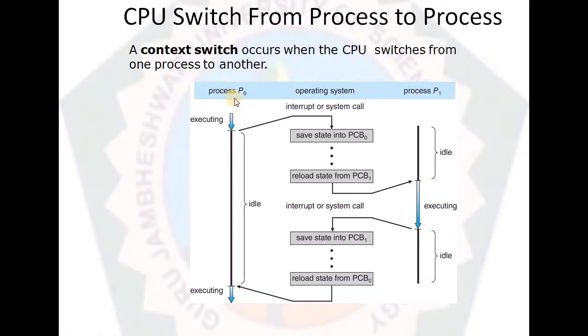For example, suppose P0 is executing at time T0. At time T0, some interrupt occurs in the system or a system call comes. The execution of this particular process P0 is halted because of that interrupt, and the current state of this process P0 is stored into the PCB of this particular process.